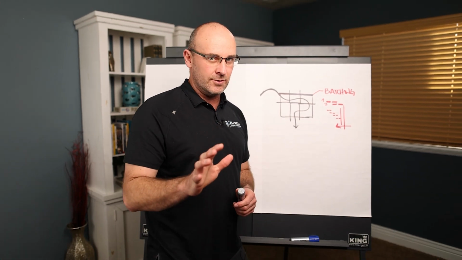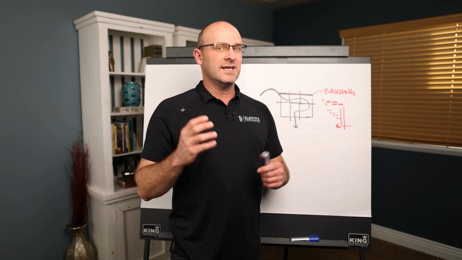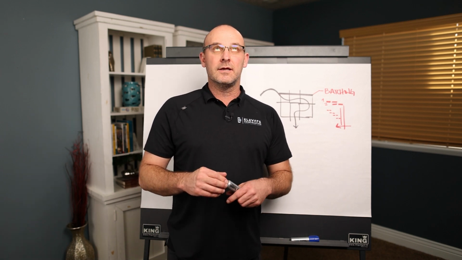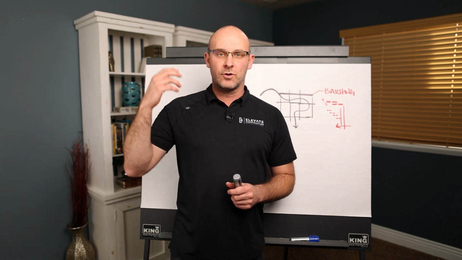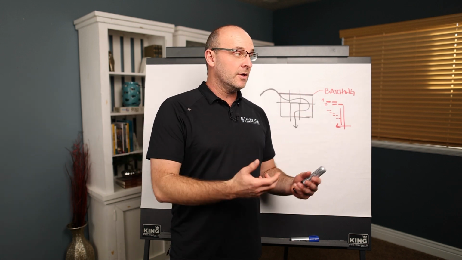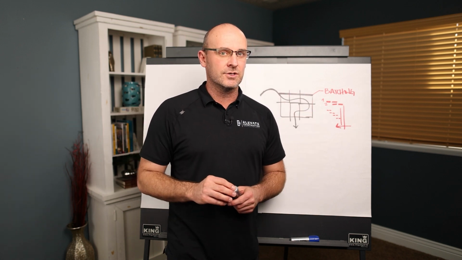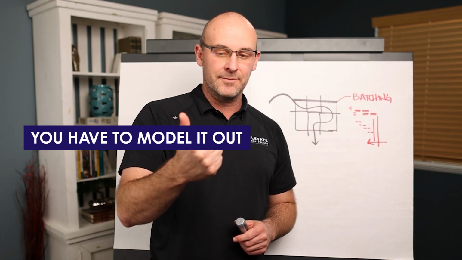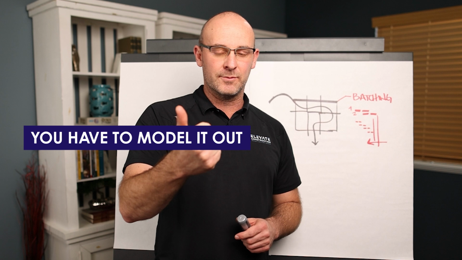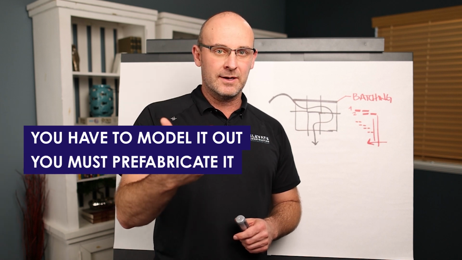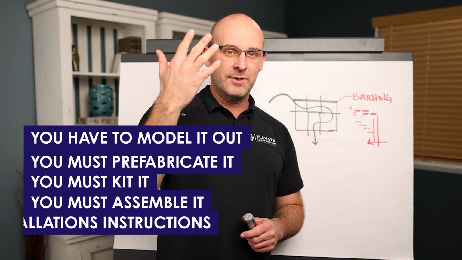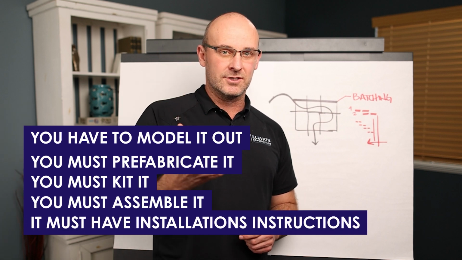So let me just anchor you real quick. Advanced work packaging isn't much different than when we prefabricate the overhead corridor racks or overhead MEP or in-wall MEP or anything in a commercial construction project. You have to literally model it out, right? Using building information modeling. You must prefabricate it, you must kit it, you must assemble it, and you must make sure that there's installation instructions, right?